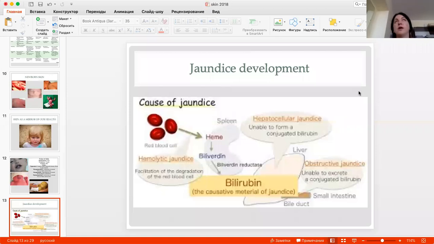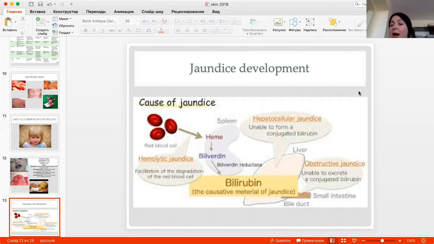So when we evaluate the state of a child who presents with jaundice, you think about three ways of jaundice development, which are hemolytic jaundice. Hemolytic means caused by hemolysis. Hemolysis is a breakdown of erythrocytes. It may be normal, like in young newborns. It may be pathological, like in elderly people.